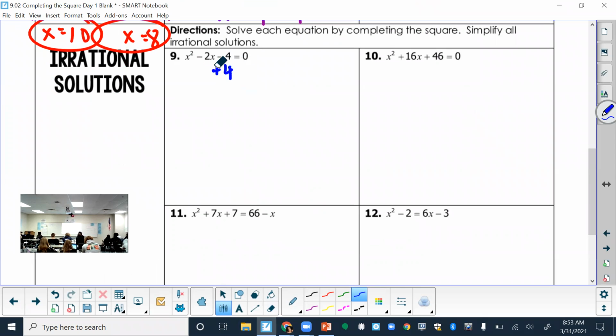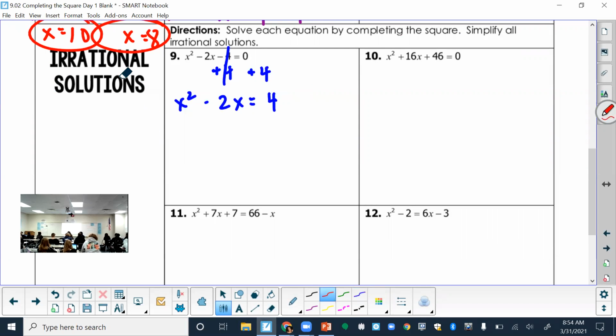So add 4 and do that to each side. On the left side, -4 plus 4 cancels out. That's the whole purpose of doing that. And we get x squared minus 2x equals 0 plus 4, which is 4. All right, so we rewrote it.